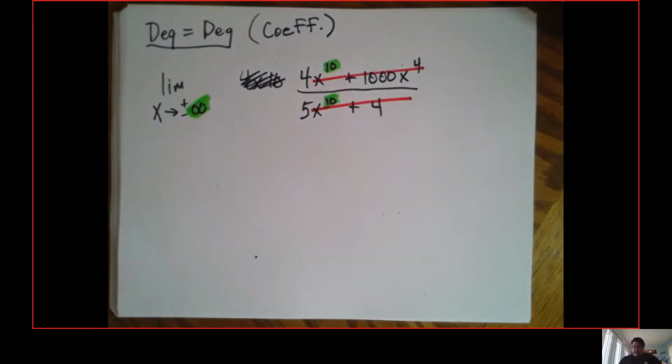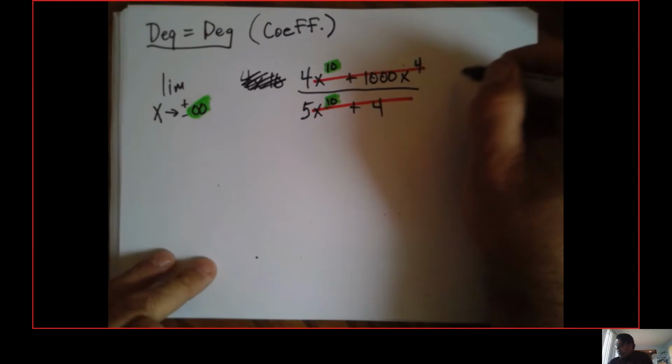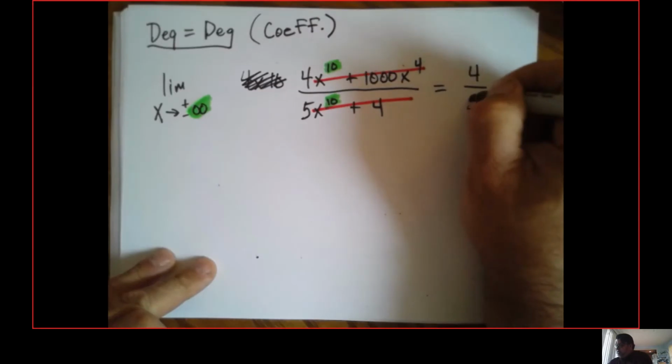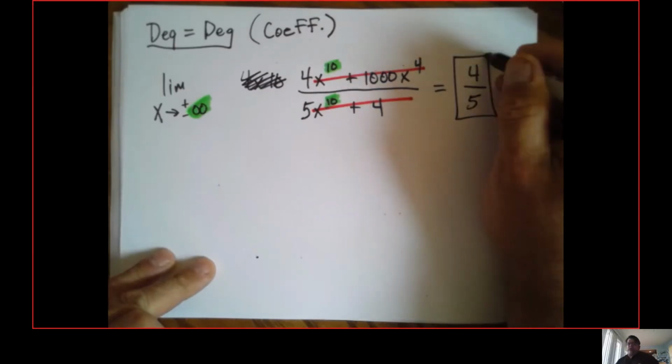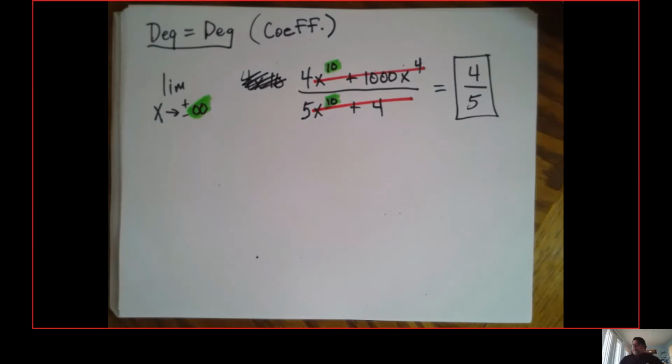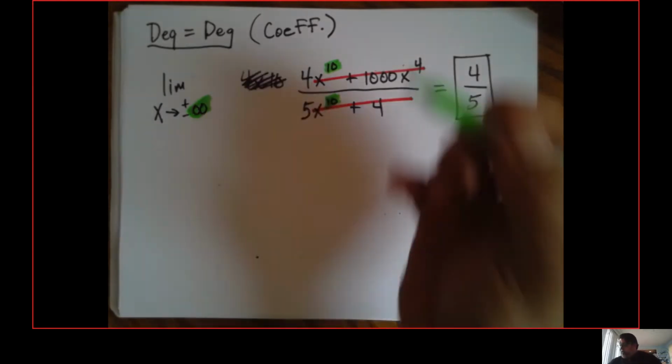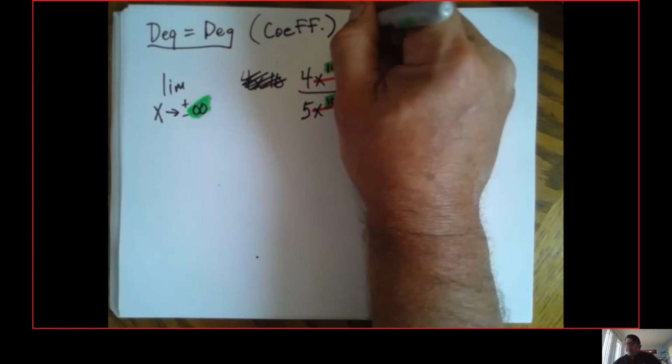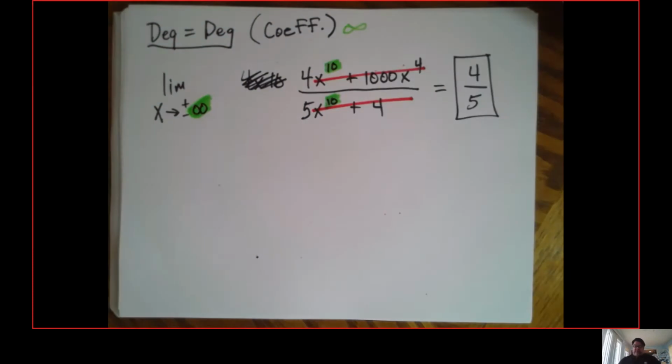And your answer is 4/5. So you take the coefficient of the highest degree, and that is your limit. And again, these are problems dealing with limit as x approaches infinity.